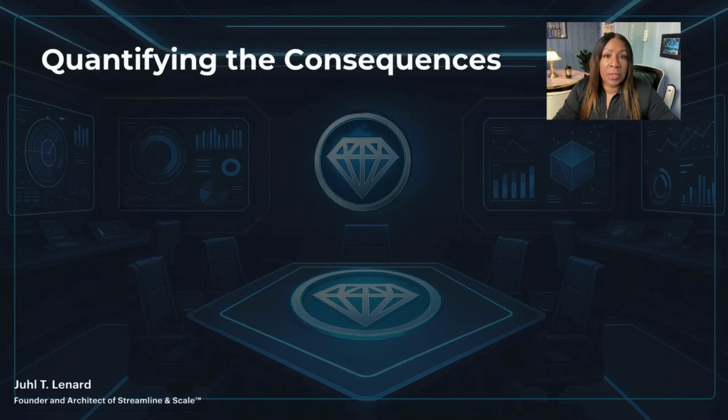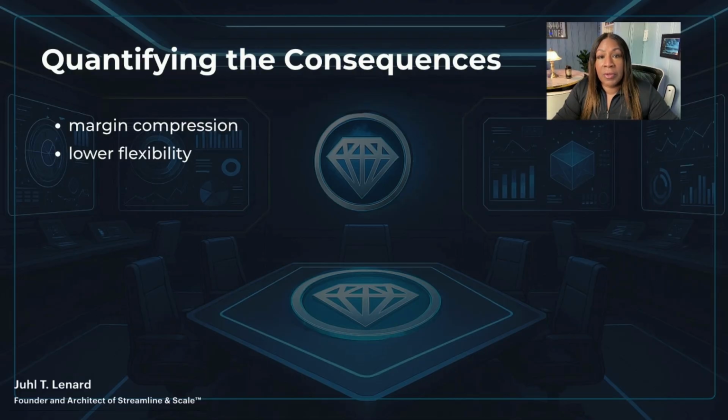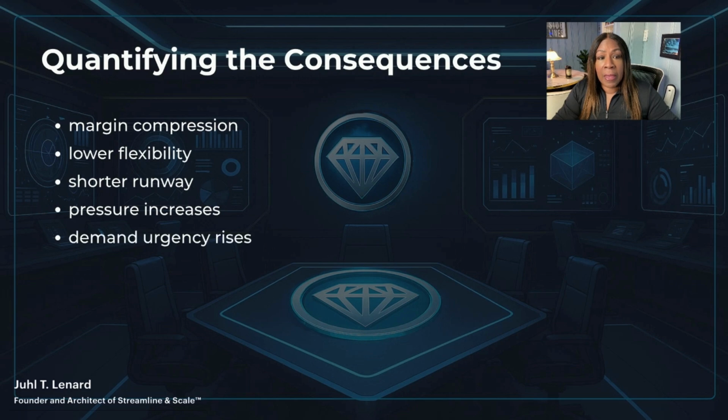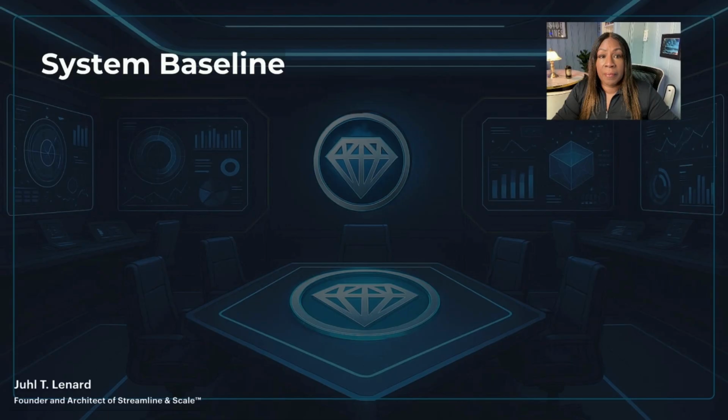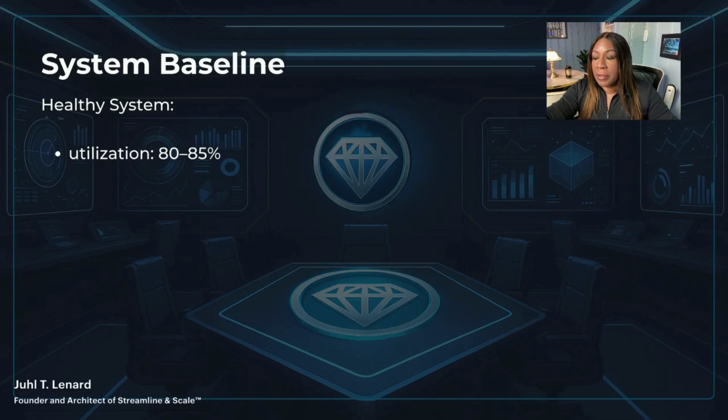So let's look at the consequences of the misdiagnosis. The margin is compressed. There's lower flexibility, shorter runway. The pressure's increasing, and the demand urgency is rising. At the baseline in a healthy system, we would see utilization at 80 to 85%.